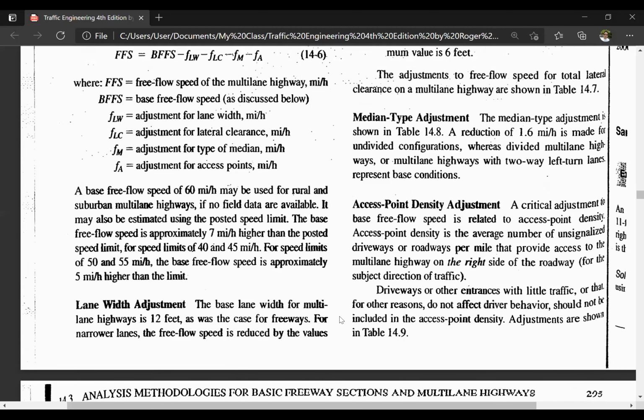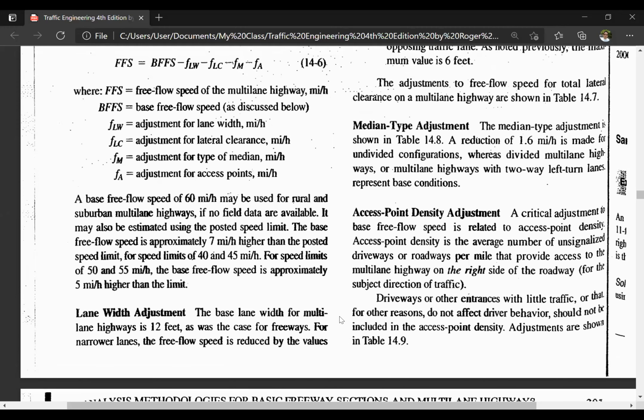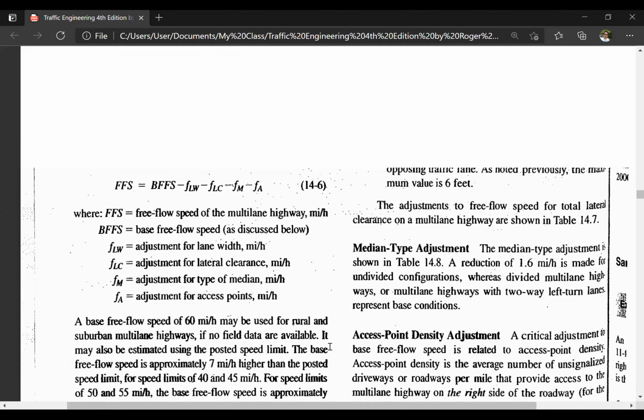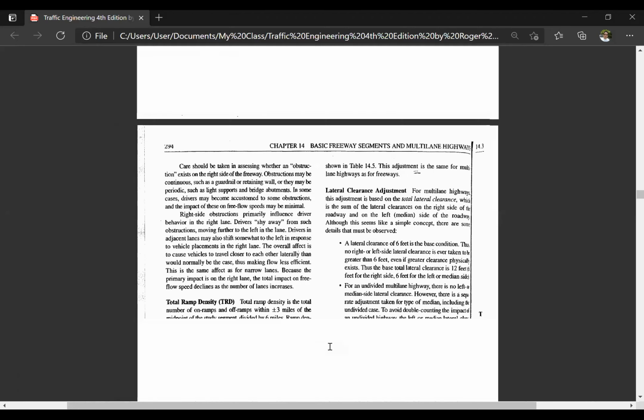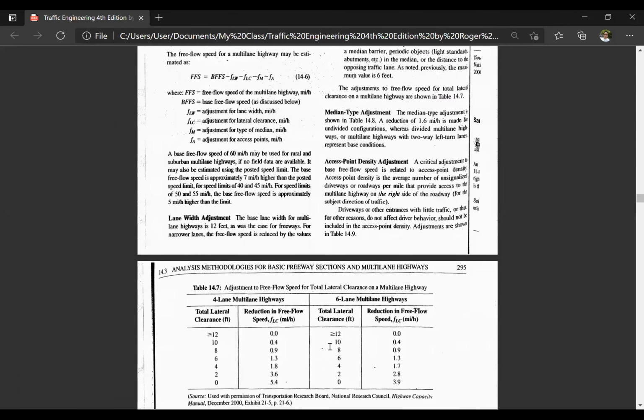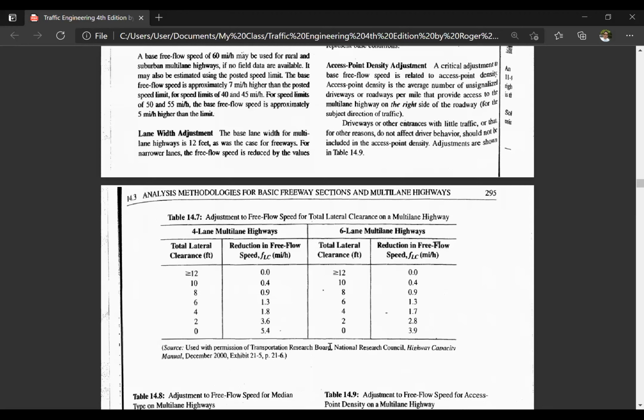For the lane width adjustment, it said the best lane width for a multi-lane highway is 12 feet, as was the case for freeways. For narrower lanes, the free flow speed is reduced by the values here, 14.5, right here.